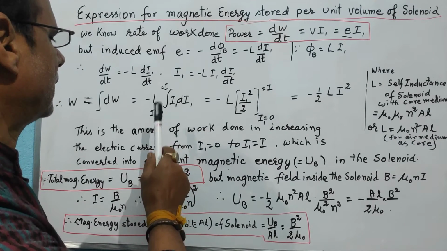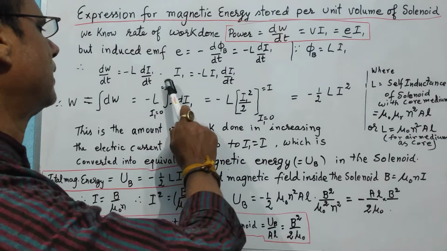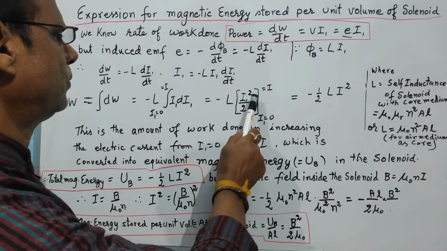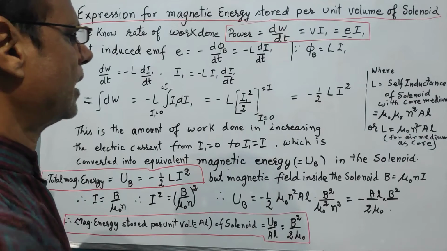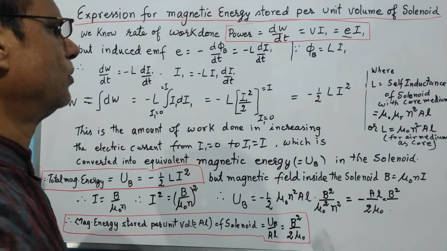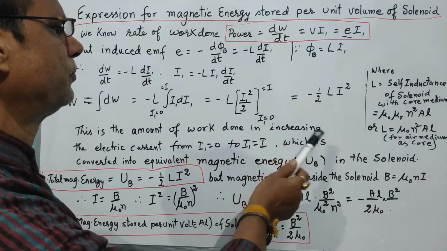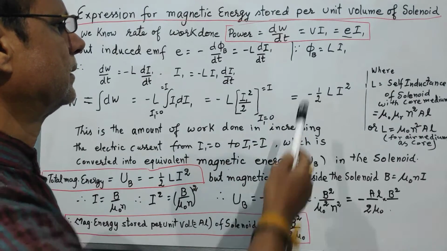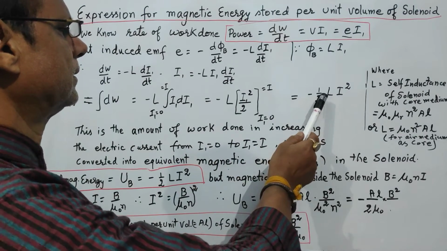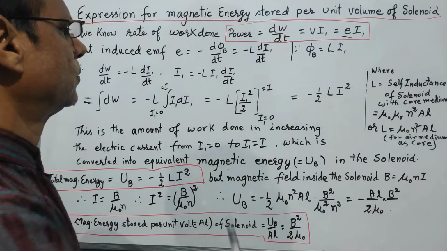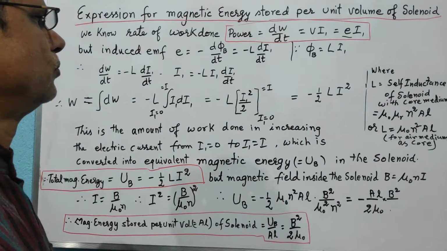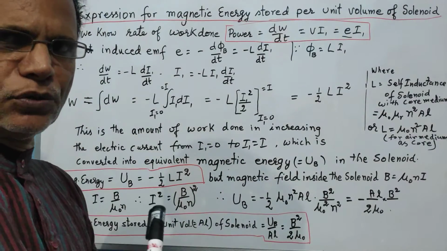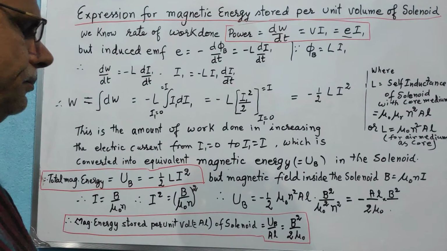The limit will be current I1 increasing from 0 to a certain value I. When we integrate, I1 di1 gives I1 square by 2, with limits I1 equal to 0 to I. On putting in these limits, one term is 0, so we are left with half L I square. That means half L I square will be the total amount of work done when the current through the solenoid is increased from 0 to a certain value I.